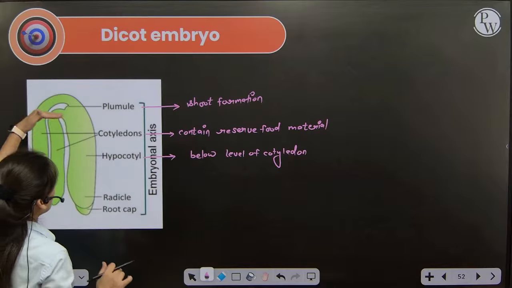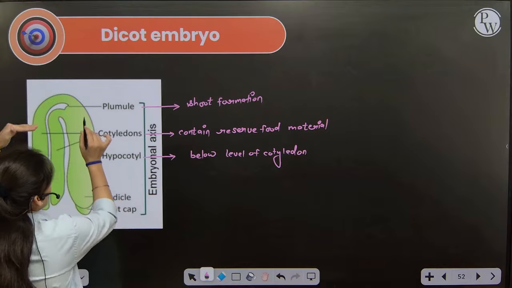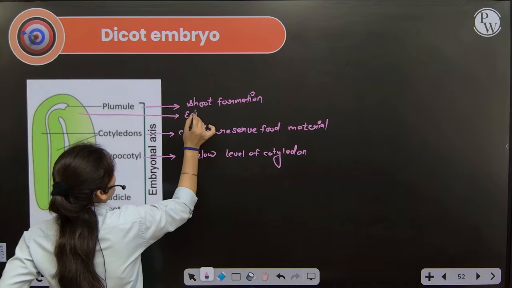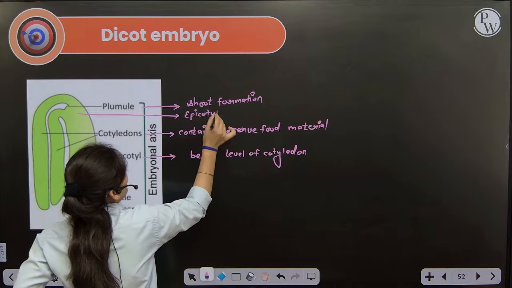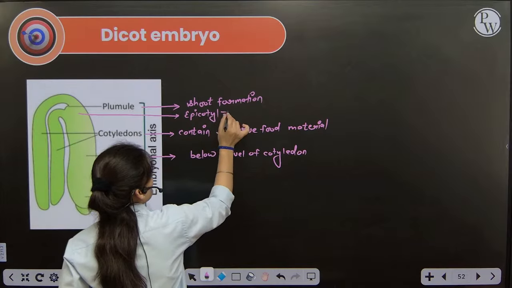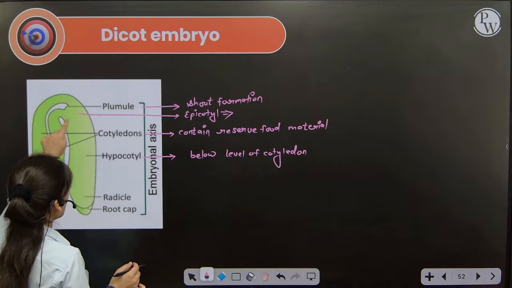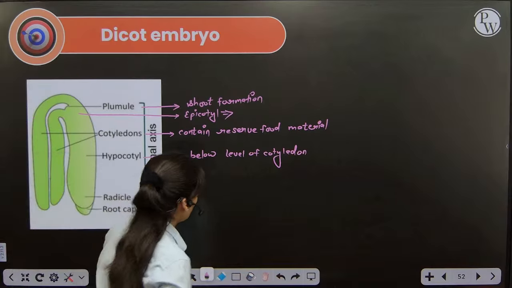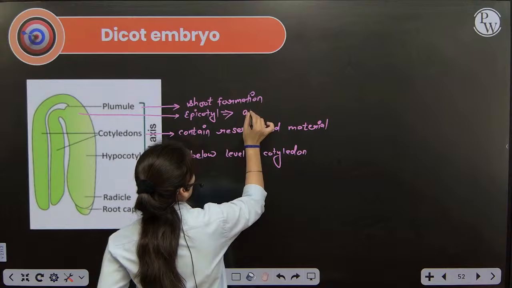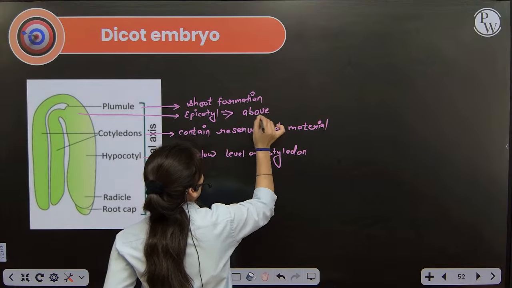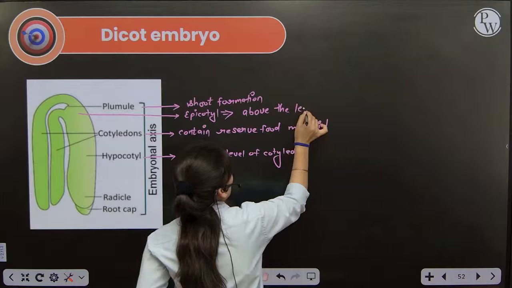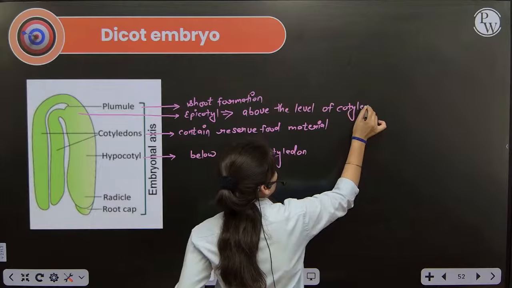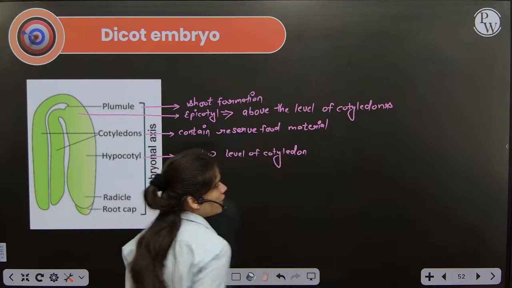This is the level of cotyledon, and epicotyl is the region which helps in formation of plumule. Epicotyl is the portion of embryonal axis which is present above the level of cotyledon. Epicotyl above the level, hypocotyl below the level.